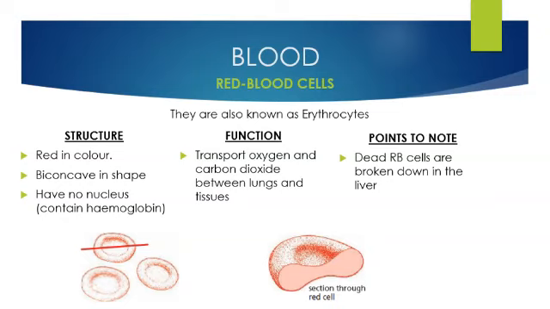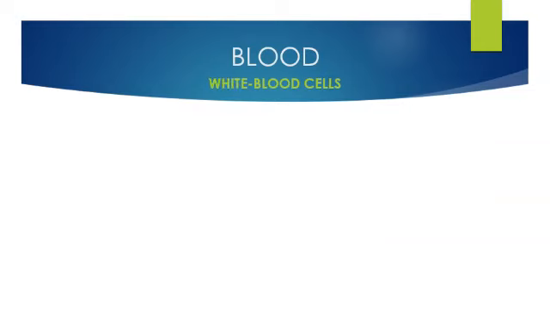So iron is very important in the production of these red blood cells. So when they are destroyed, that iron won't be lost. It will be stored. Then the remaining things apart from the iron are then used to make bile. So don't forget those 2 points. They are very important.